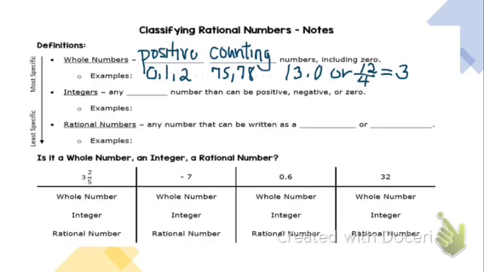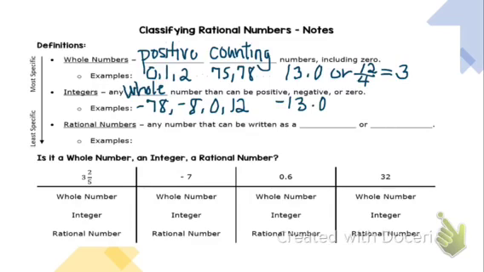Let's move on to integers. Integers are any whole number that can be positive, negative, or 0. So in the blank, we're going to write whole number, whole. And examples could be negative 78, negative 8, 0, 12, and we could disguise negative 13.0 as a decimal, but it's definitely a whole number.